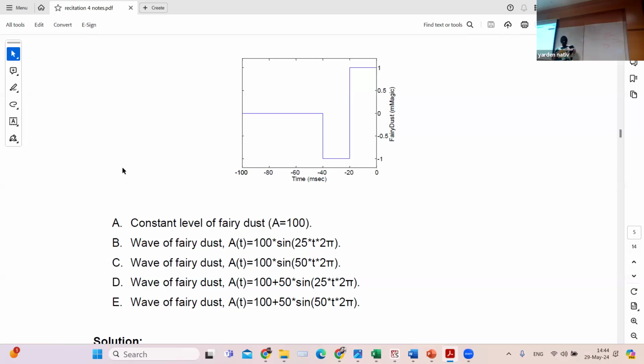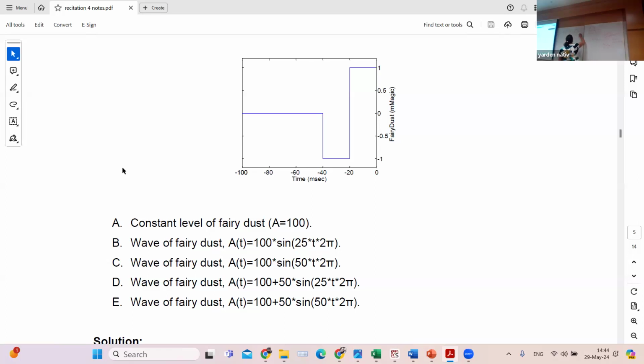Right. Frequency is 1 over T if you look at seconds. Therefore, 1000 over T if you look at milliseconds, as in the y-axis over here.